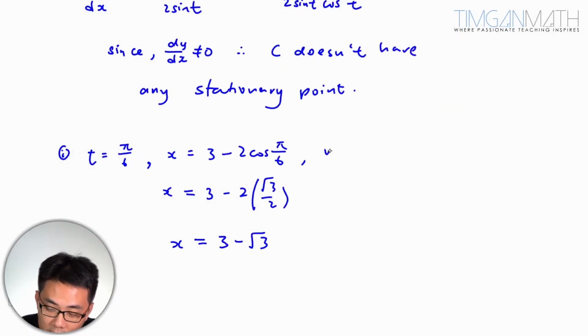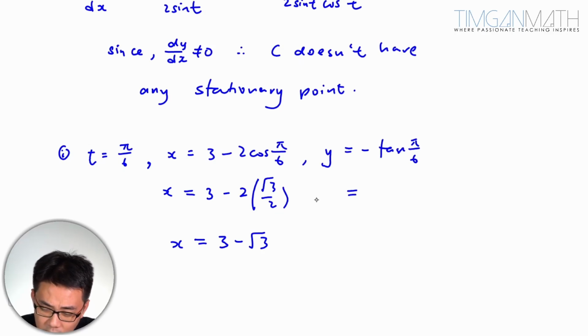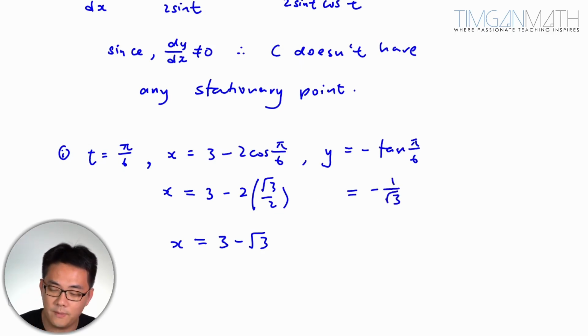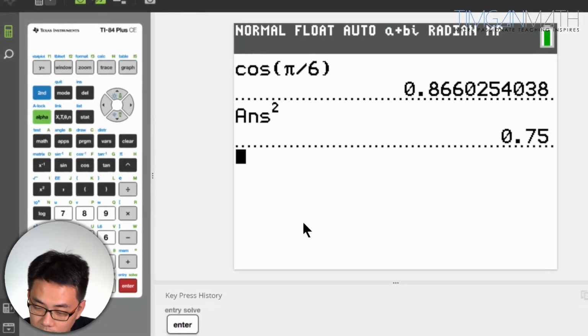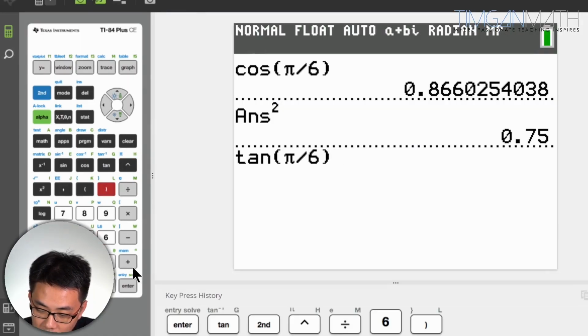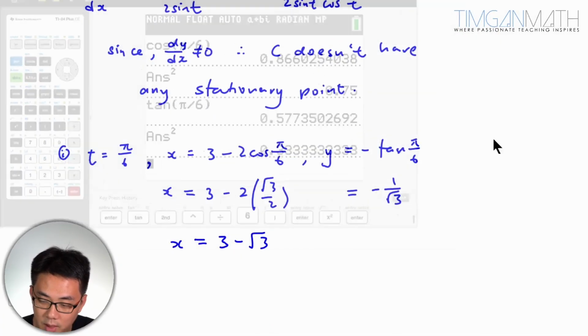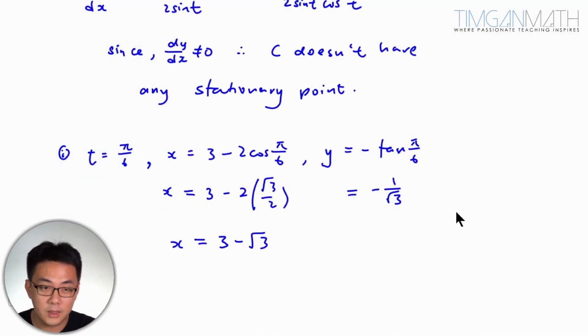Then y will just be negative tangent pi over 6. Tangent 30 degrees, so pi over 6, will be 1 over root 3. So y is negative 1 over root 3.